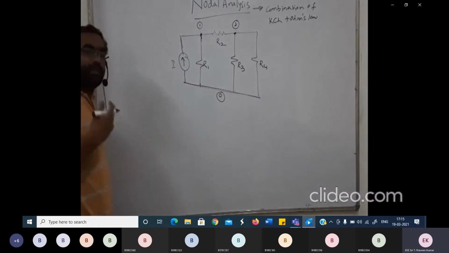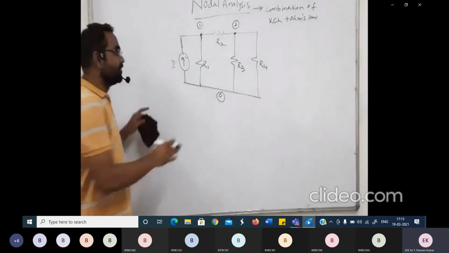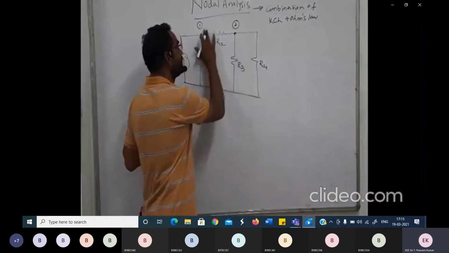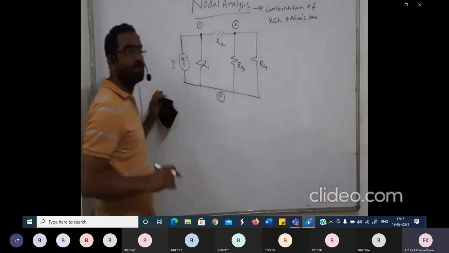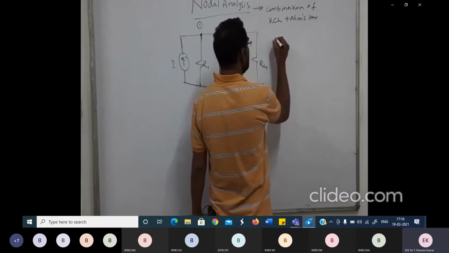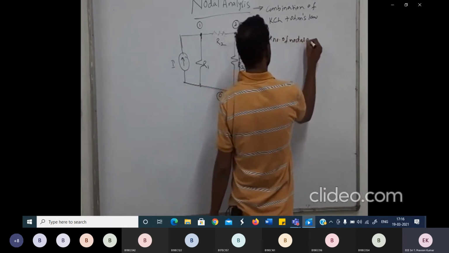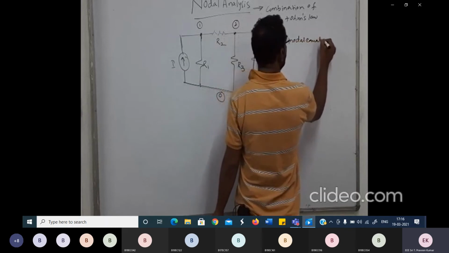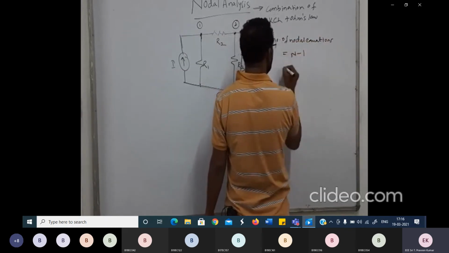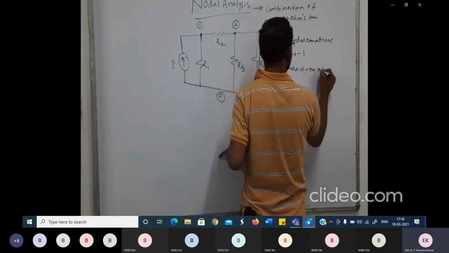But how many equations do we write when we go for nodal analysis? Because this is a reference node, the number of nodal equations to be written for a given circuit diagram is number of nodes minus 1. So what we say is the number of nodal equations for a given circuit is equal to n minus 1, where n represents the number of nodes.